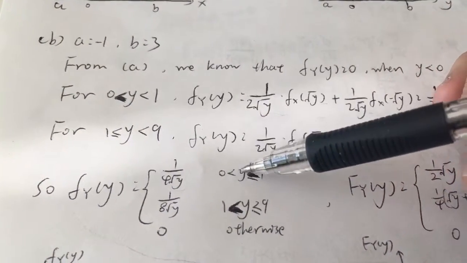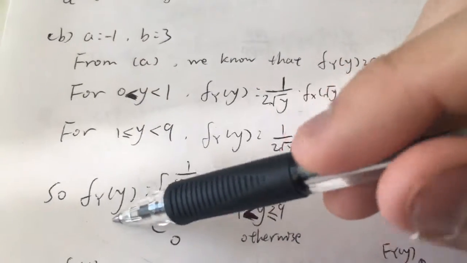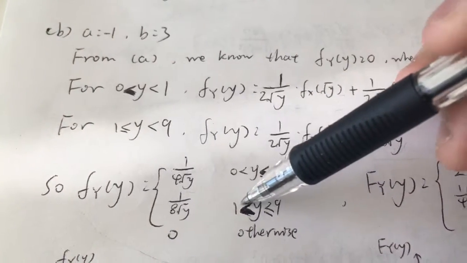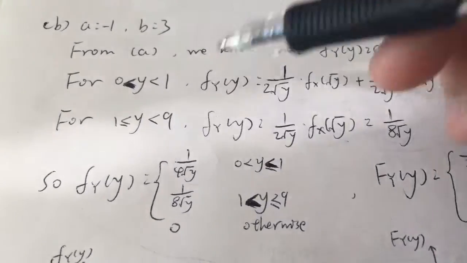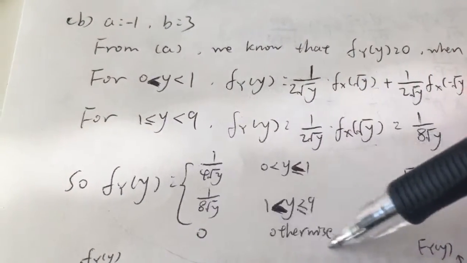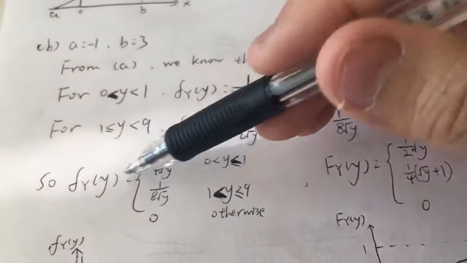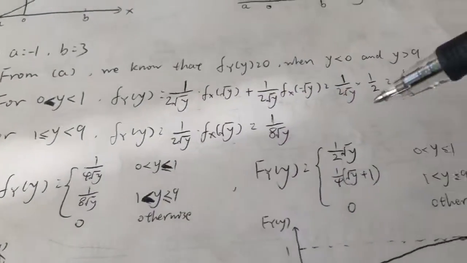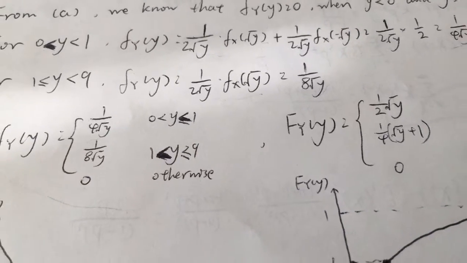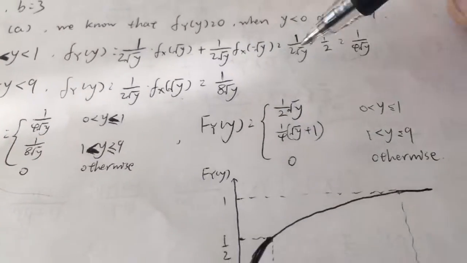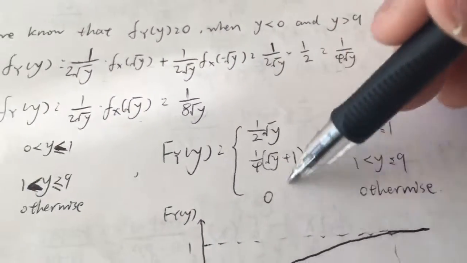When y is more than 0 and no more than 1, the density function should be this; when y is more than 1 and no more than 9, the result should be this; and otherwise the function should be 0. Now we can use the definition of the distribution function, and we got the result of the distribution function of y.